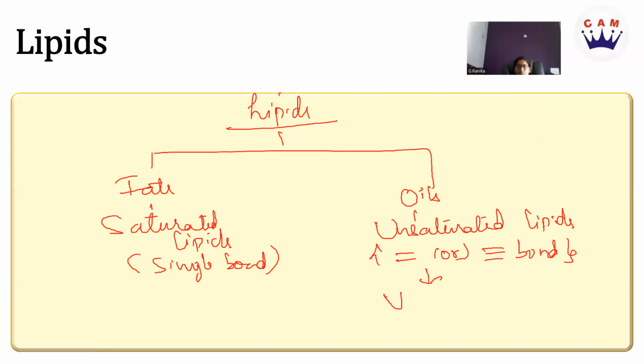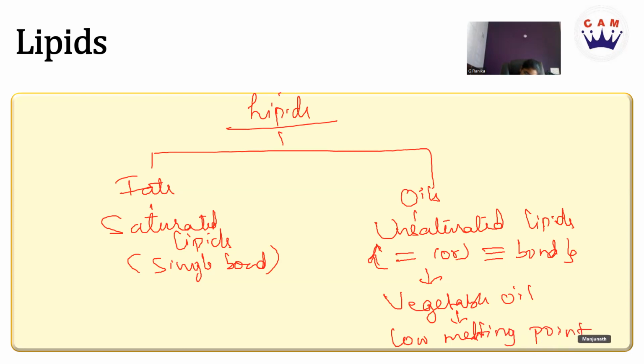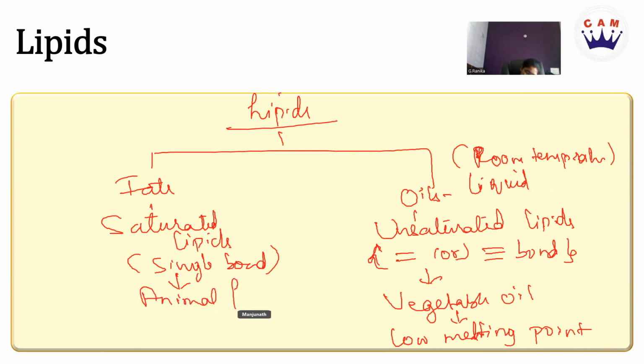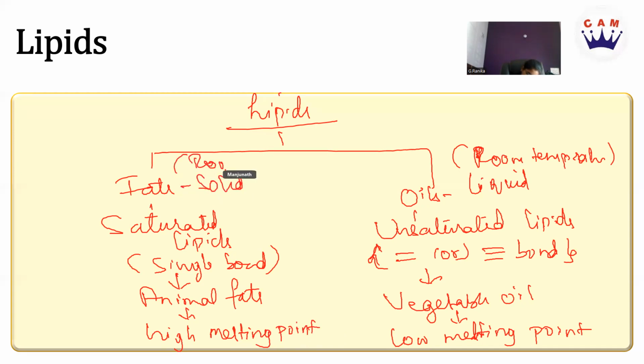So generally, you find the unsaturated lipids with double and triple bond in vegetable oils, and therefore they have low melting point, and they remain liquid at room temperature, whereas saturated lipids, which are made up of only single bond, are found in animal fat, and they have high melting point and remain solid at room temperature.